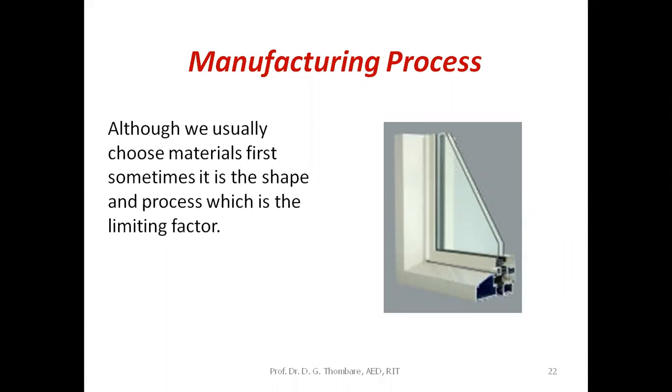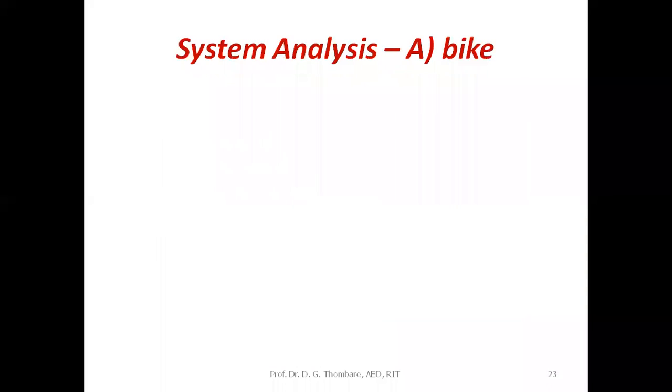The product is very fantastic, the design is very good, it will perform well, but will you be able to manufacture it? Whether the material is available, can you process that material to a desired shape and geometry? So the manufacturing process has to be thought of while designing a product. So first is performance, second is cost, and third is manufacturing, which is equally important.